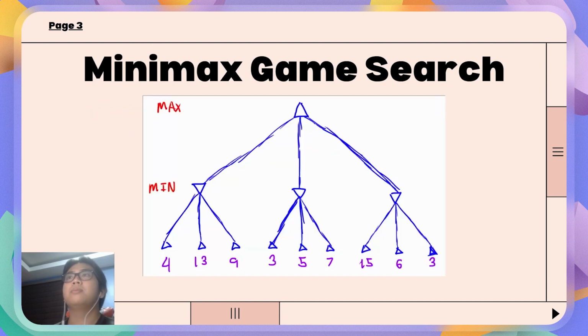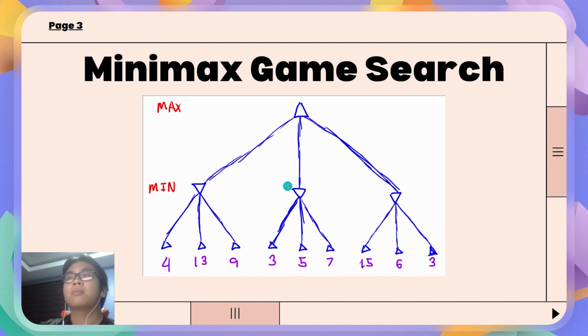Okay? So here, I have an example of a game modeled into a tree structure. In this tree structure, at the very root of the tree, we have one node representing the turn of the player trying to maximize the cost. This is player 1. On the next layer, since player 1 made their turn, it's now time for player 2 to make their turn.